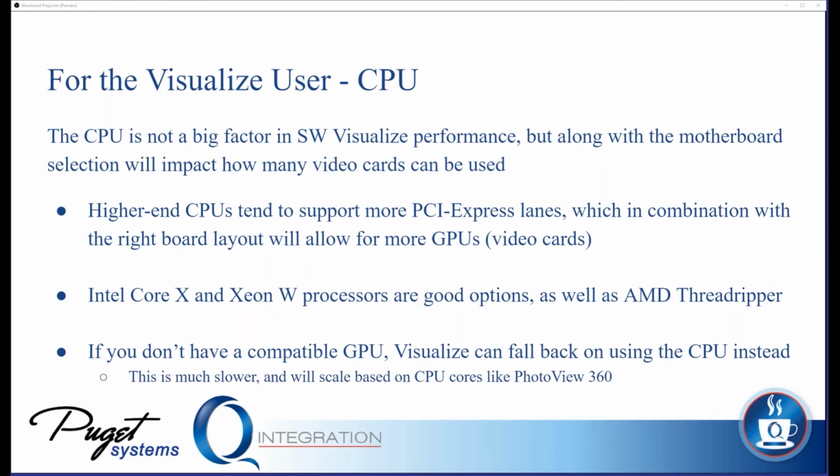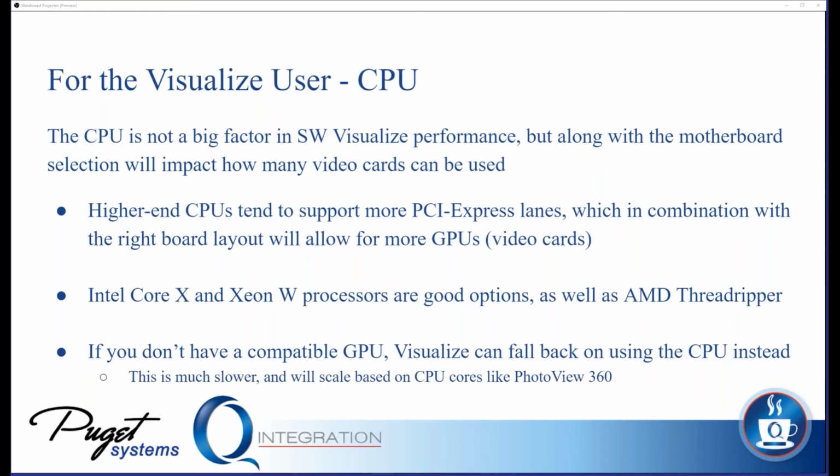So that generally bumps you up into something like an Intel Core X or Xeon W processor, or potentially an AMD Threadripper. Those higher end desktop CPUs tend to have more PCI Express lanes, and PCI Express is what modern video cards use to connect to the system. And so if you're going to have 2, 3, 4 video cards in the system, you want to have a lot of lanes available so the processor can talk to the video cards effectively.